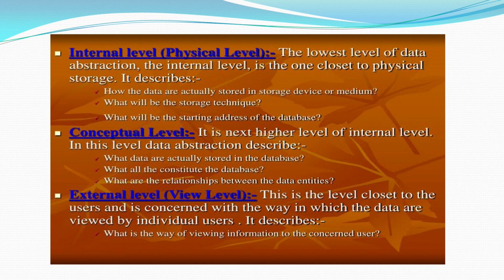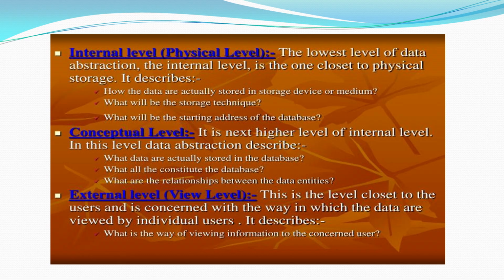It is closest to the physical storage devices. Here it describes how the data are actually stored in the storage device or medium, what the storage technique will be, and what the starting address of the database will be. All these are specified in this internal level of data abstraction.